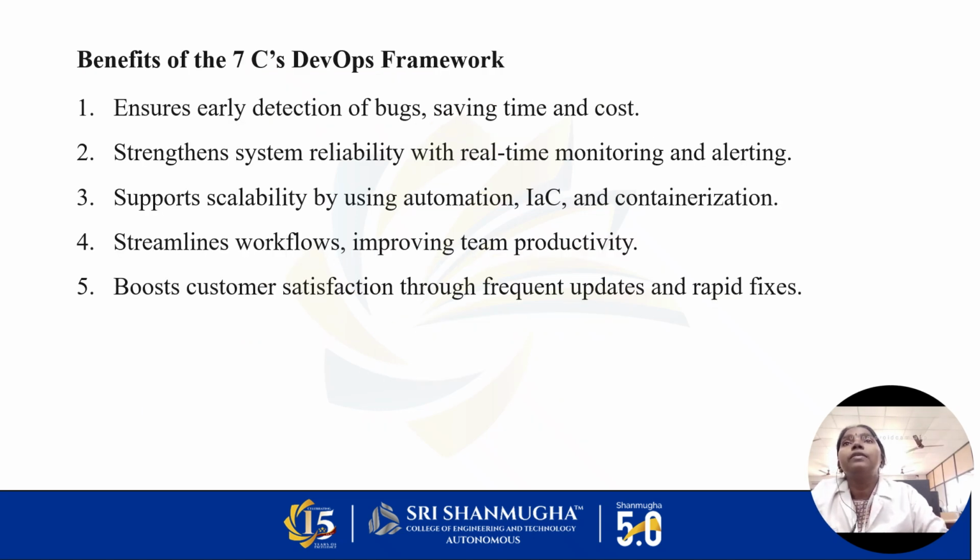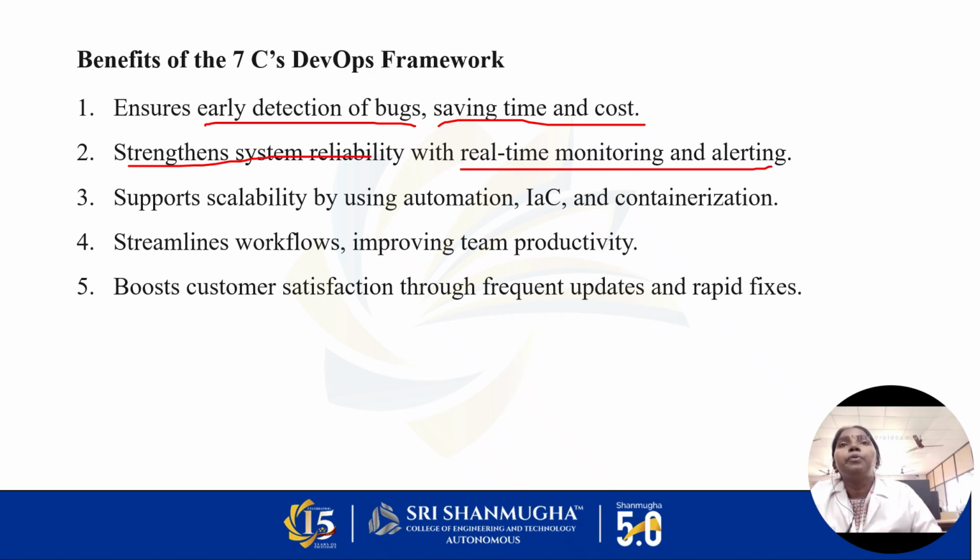Benefits of the 7 Cs DevOps framework. So why do we go for the DevOps framework and how does it support us? It ensures early reduction of bugs. That is a very major advantage for us, saving time and cost. This is why we choose the 7 Cs DevOps framework and CI/CD pipelines. It strengthens system reliability with real-time monitoring and alerting, and supports scalability using automation, IaC, and containerization.